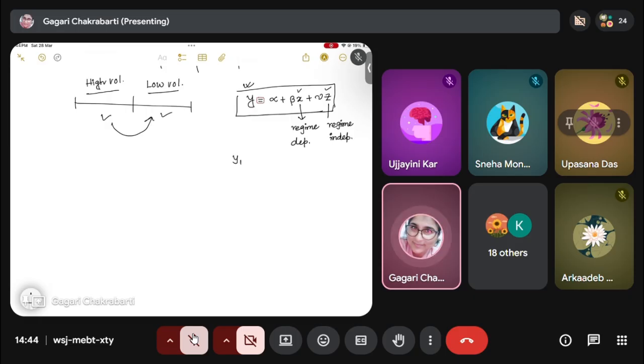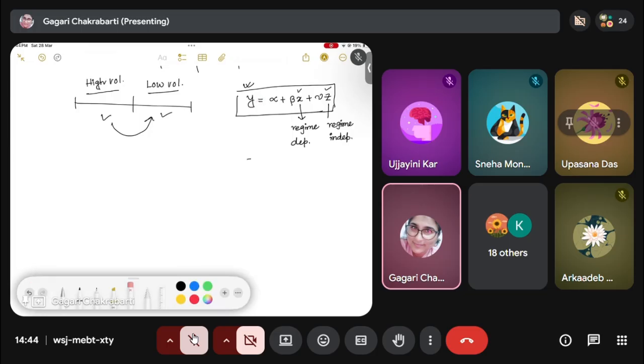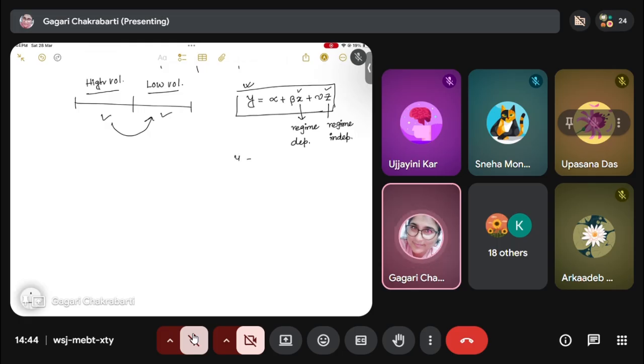So in regime 1 তুমি যদি এরকম ভাবো, y is equal to alpha 1 plus beta 1 x plus gamma z, because gammas are regime independent.